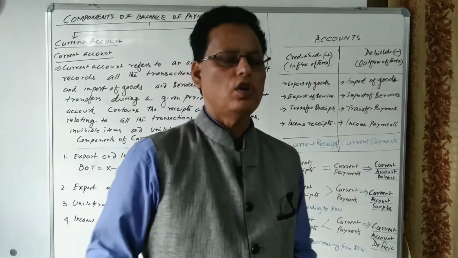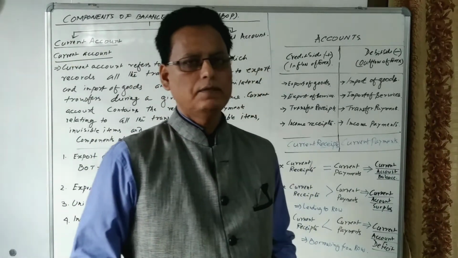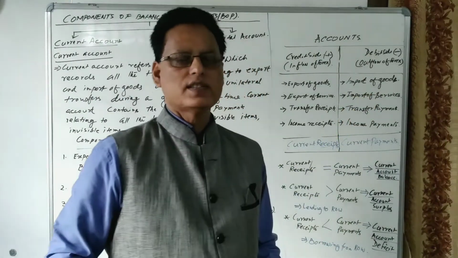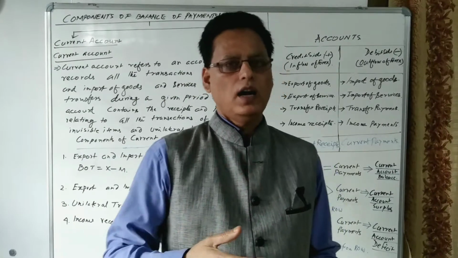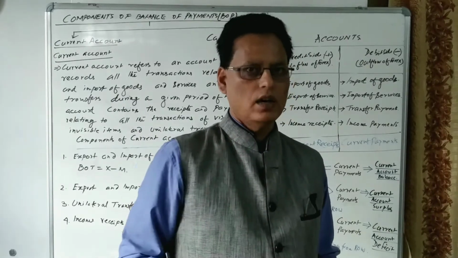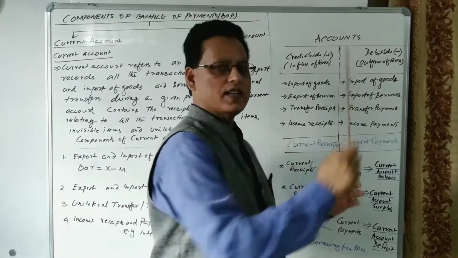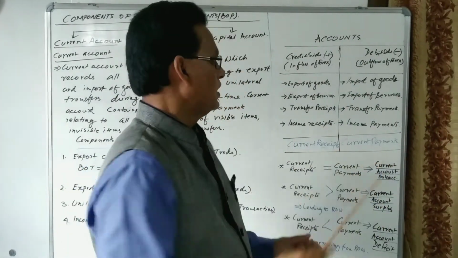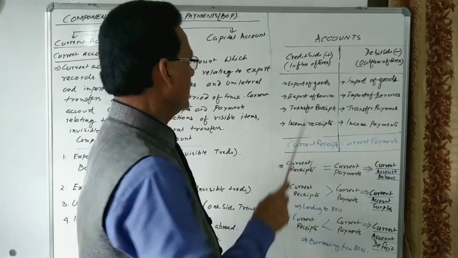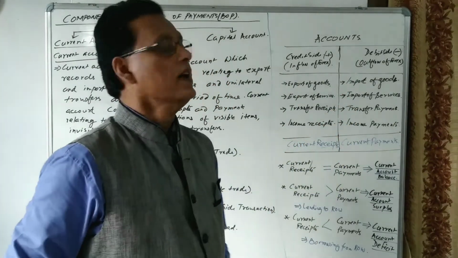Credit side records all the receipts from the foreign country, from the rest of the world, whereas the debit side records all the outflow of foreign exchange, all the payments which are made to the rest of the world. Debit side is called negative, credit side is called positive. I have written: credit side, inflow of foreign exchange; debit side, outflow of foreign exchange.